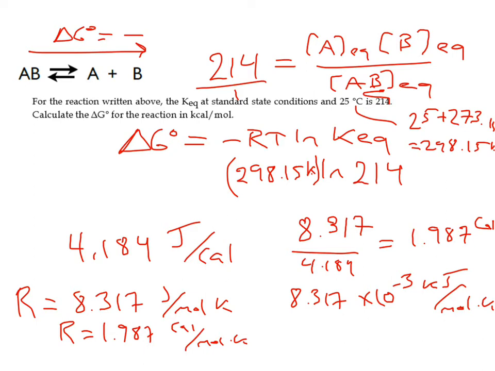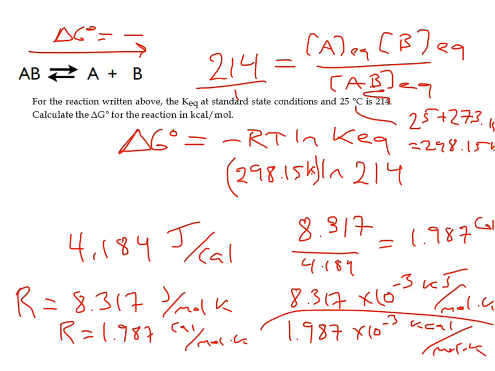That means that our R for kcals, which is 1,000 of those, we divide that by 1,000, means we get 1.987 times 10 to the negative third kcals per mole Kelvin. That's the one we're going to want to use today, because we're asked in kcals per mole. The Kelvin, remember, is canceling because it's on the bottom.